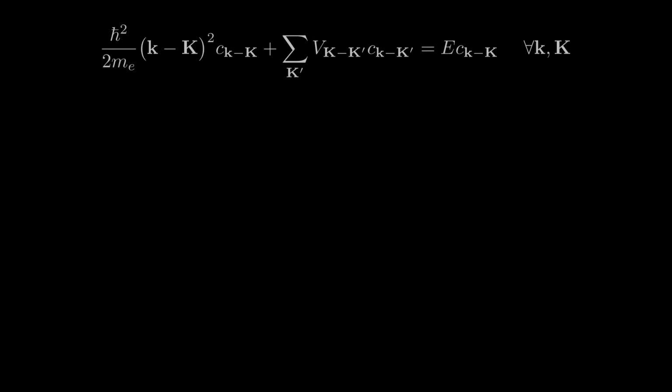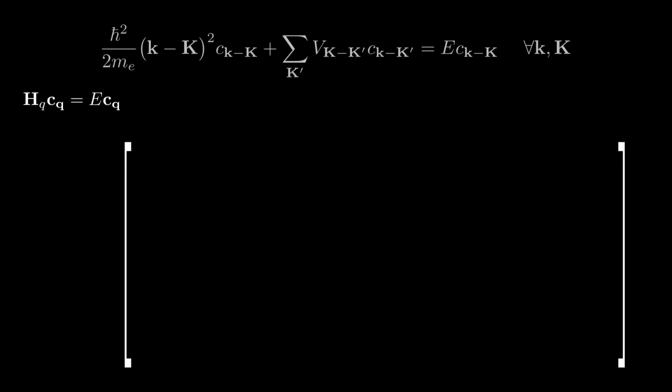Writing our system with matrices and vectors, let's see what the H matrix looks like. Let's choose for our set of plane waves two arbitrary vectors, little k1 and little k2, and four others that we build using big K1 and big K2. For the first equation, we use q equals little k1, which couples with little k1 minus big K1 through V of big K1, and to little k1 minus big K2 through V of big K2.